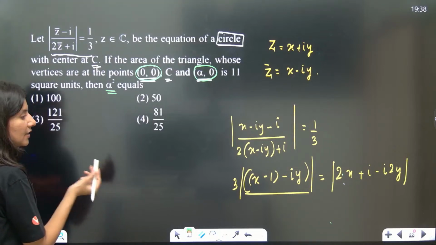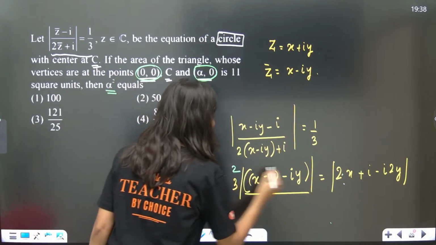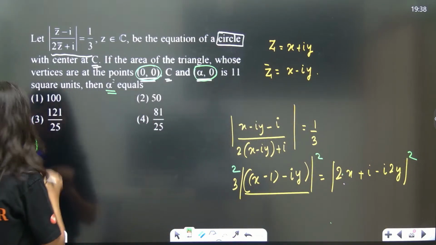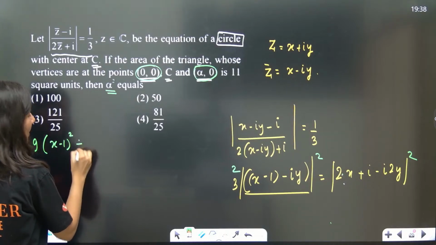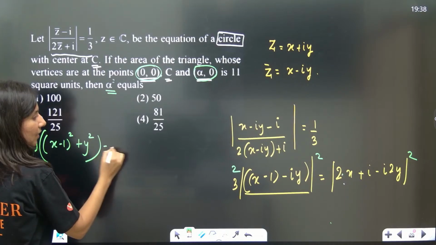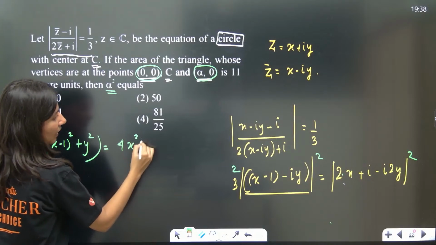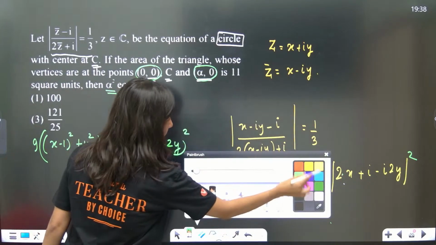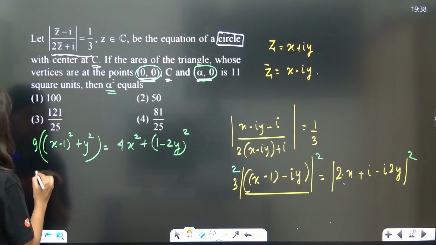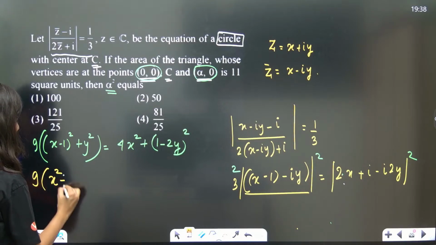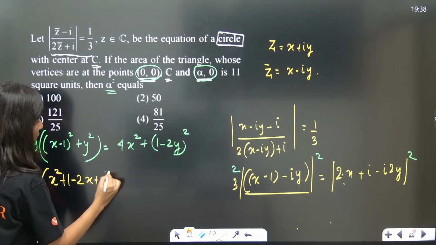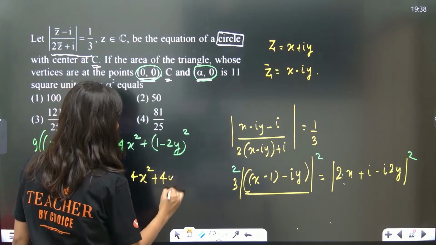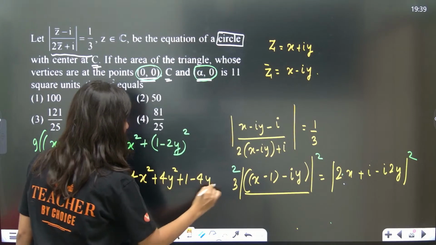Now modulus. You know how to take modulus? You have to just square both the sides. So this is 9. This is x minus 1 whole square plus y square is equal to 4x square plus 1 minus 2y whole square. Okay, so this is 9x square plus 1 minus 2x plus y square is equal to 4x square plus 4y square plus 1 minus 4y. Solve it.